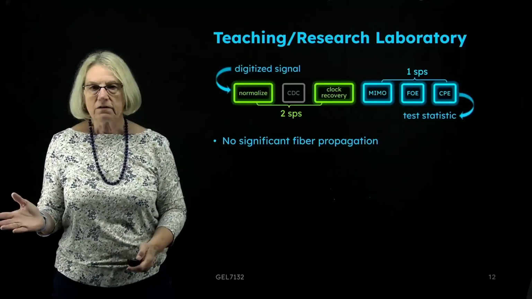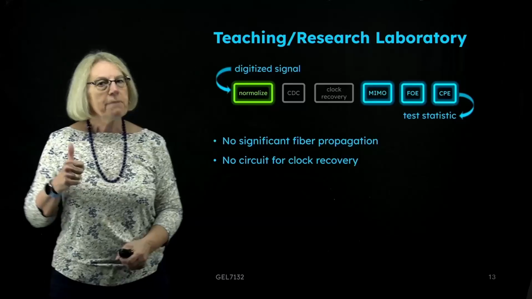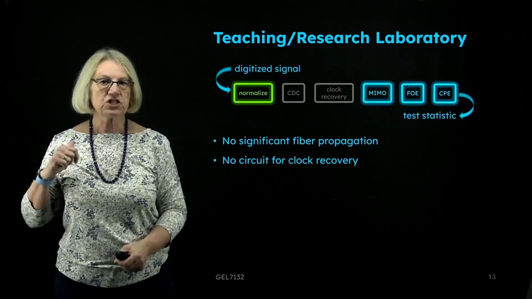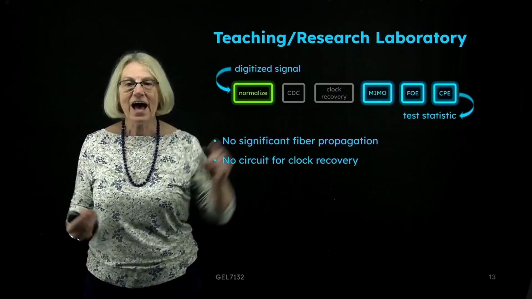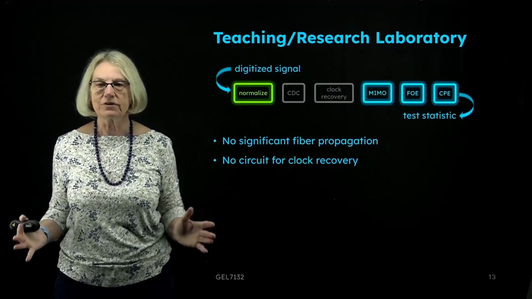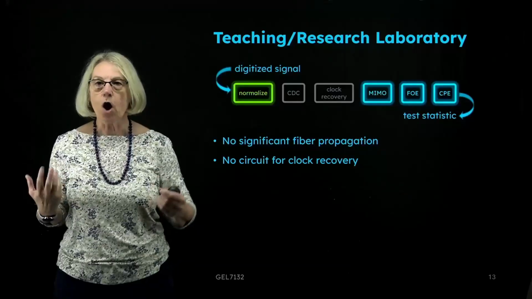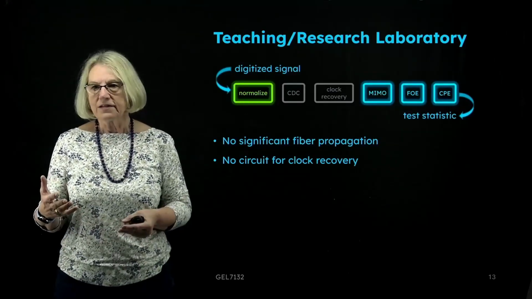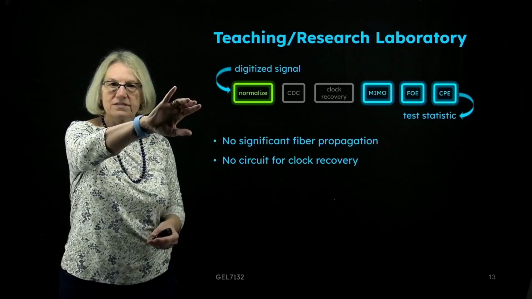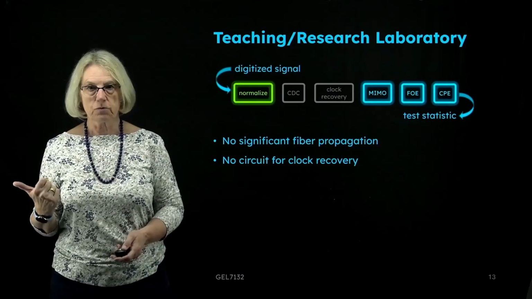So that's one change when there's no fiber propagation. But the biggest source of challenge in working in a teaching and a research laboratory is that I have no dedicated clock recovery system. So because of this, I have to find my own homegrown solution. And this will make deviation between what is the teaching digital signal processing chain versus the commercial one.